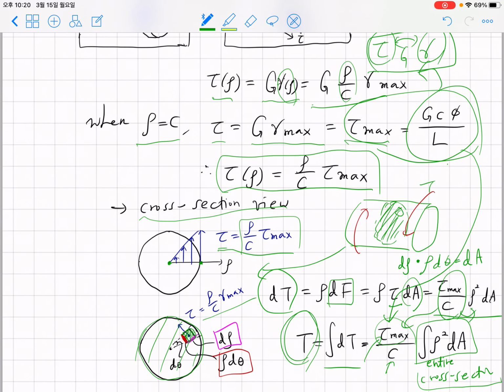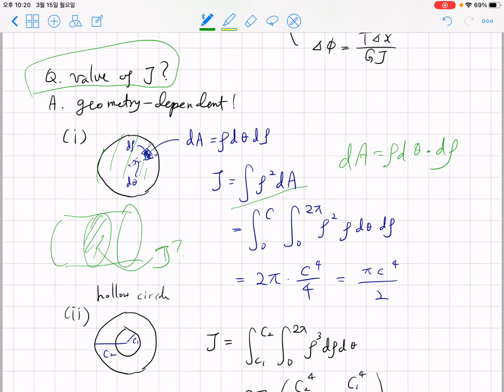If you get confused about polar coordinates, please see it here. Now if you plug this in and integrate theta from 0 to 2 pi and d rho from 0 to c, you end up having J equals pi c to the fourth power divided by 2.